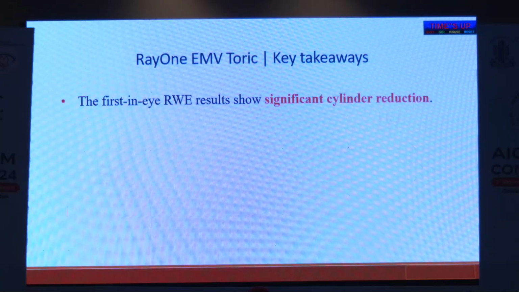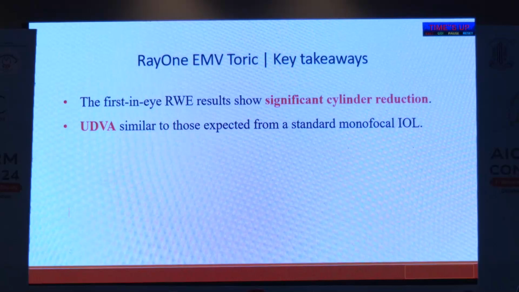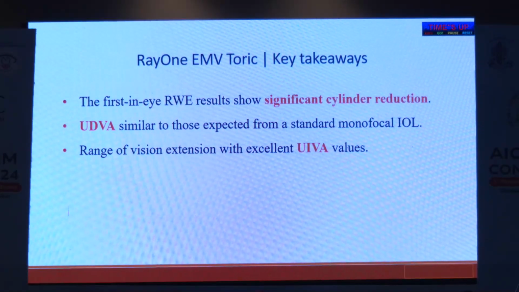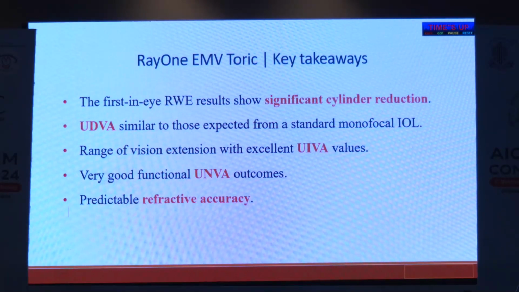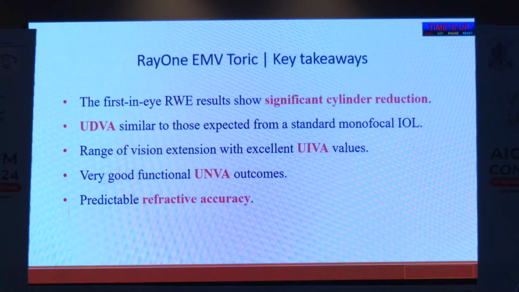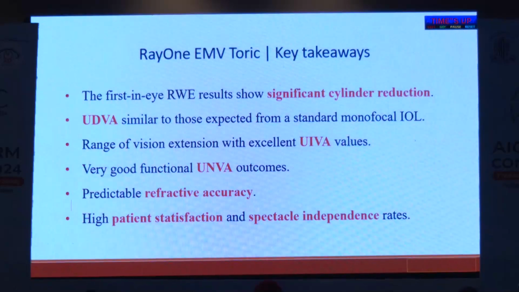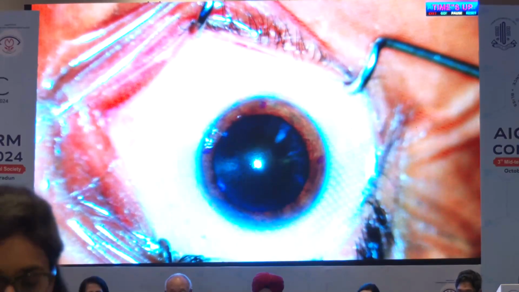Key takeaways: significant cylinder reduction with the torics, distance visual acuity similar to those expected from the monofocal lenses, intermediate range of vision is good, near vision is good when we do both eyes, predictive refractive accuracy and patient satisfaction is very good. This is a small video.